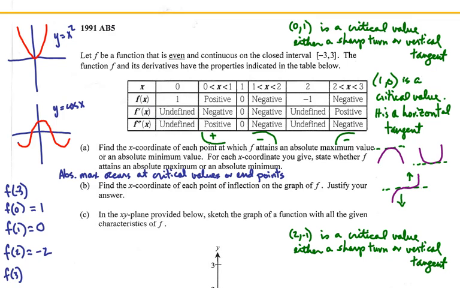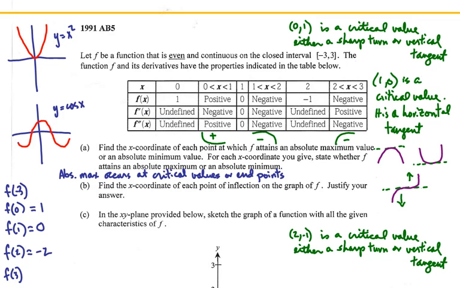And so at x equals 0, x equals 1, and x equals 2, we also have critical numbers, and whatever we find for those points, the findings will hold also on the left side of the y-axis.